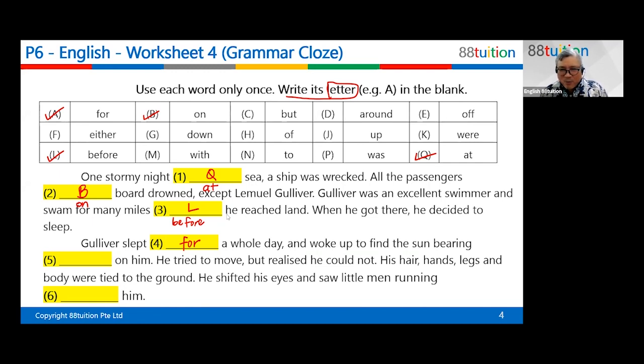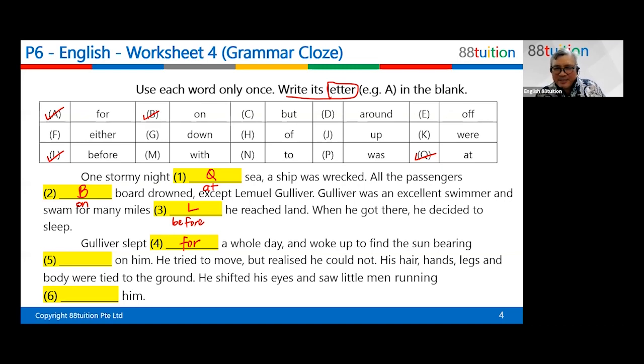Okay. Woke up to find the sun bearing what on him? Wow, a lot of prepositions, right? Ready? Number 5. Fast again, Janice, and now Subiksha. 1, 2, 3, 4, 5, 6. 6 of you.